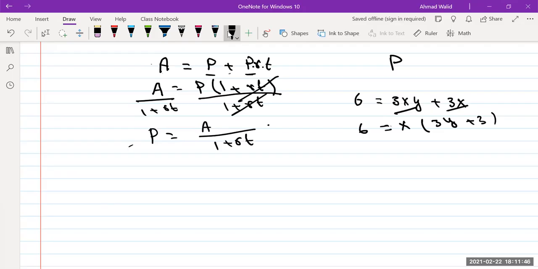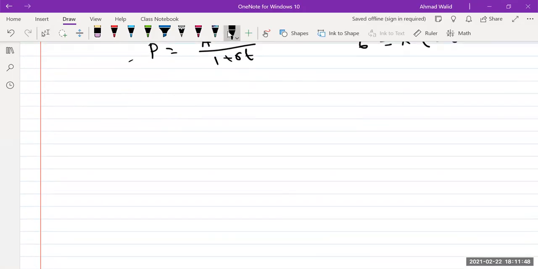One more example. 1 over F equals 1 over F1 plus 1 over F2. Solve, for example, this equation for F2.